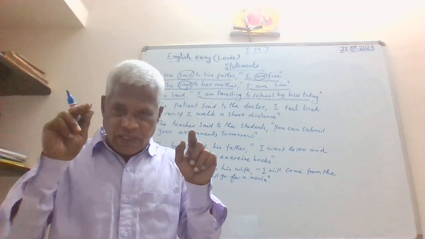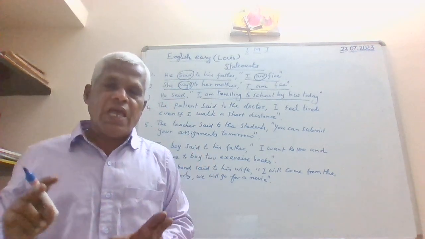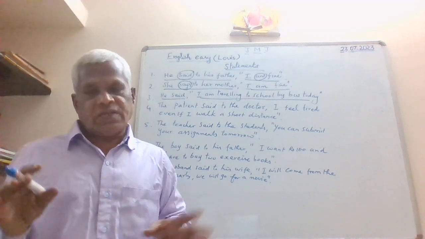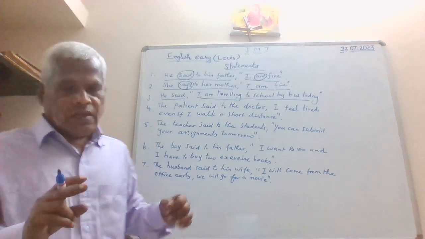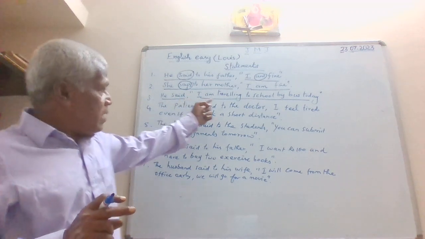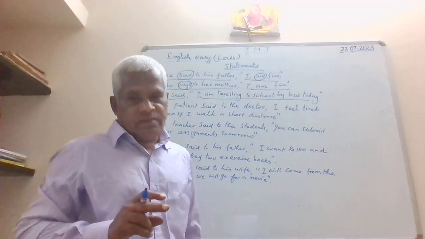Remember, when you have something written within the inverted commas, those are the very words spoken by the speaker himself or herself. Okay? So he said, "I am traveling to school by bus today."